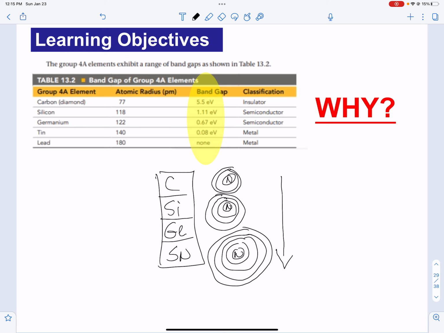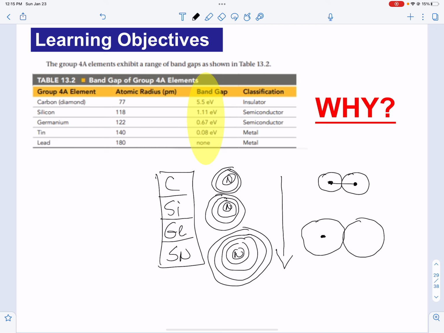So what happens? If I try to put a carbon connecting with another carbon, the bond is going to be like this. From nucleus to nucleus, that's how we measure the length of the bond. What if I put tin with another tin?